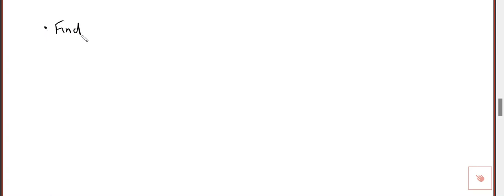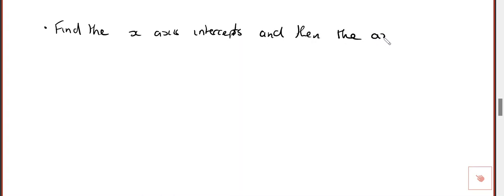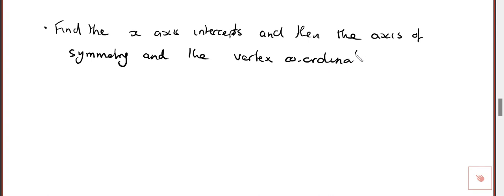If I said, find the x-axis intercepts, and then the axis of symmetry, and the vertex coordinates of, let's do y equals x squared minus 3x minus 10. Okay. So that's what we want to be able to do.